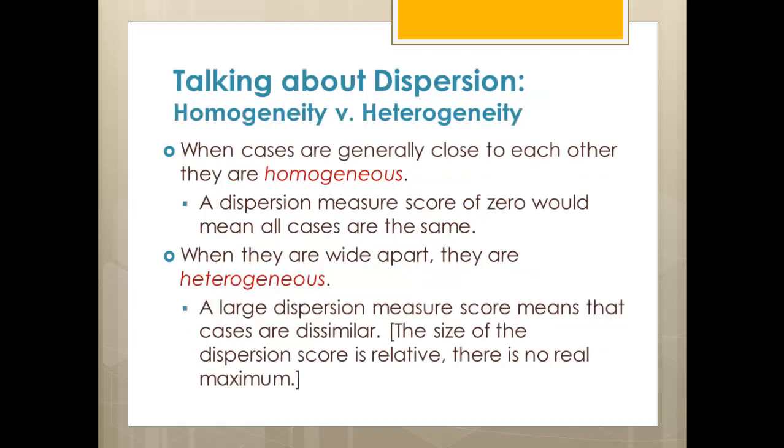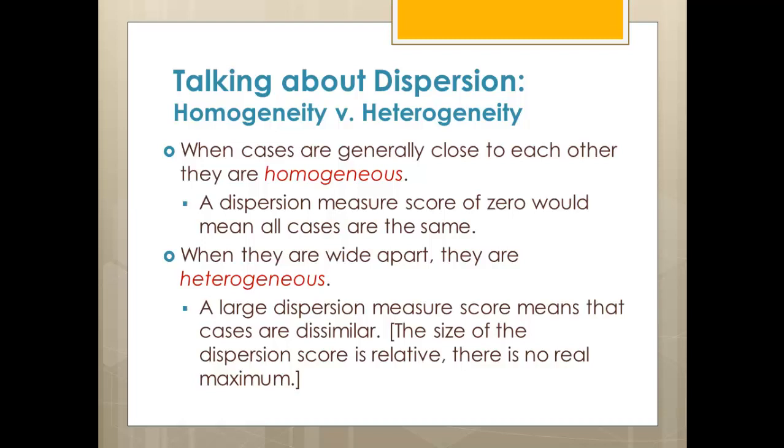We refer to this in terms of homogeneity and heterogeneity. When data is clustered together more tightly, it's more homogeneous. When data points are spread more apart and spread out further than in some other group, they're more heterogeneous.